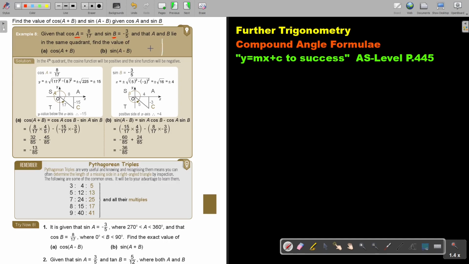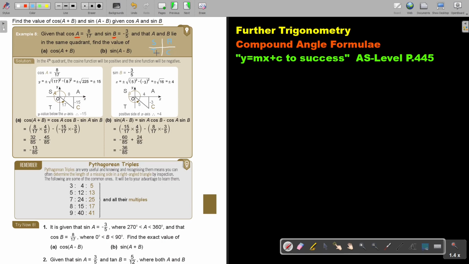If they are in the same quadrant, think of your CAST diagram. Here's your CAST. Now, cos is positive there, and there. Do you agree? Sin is negative, so where is sin negative?